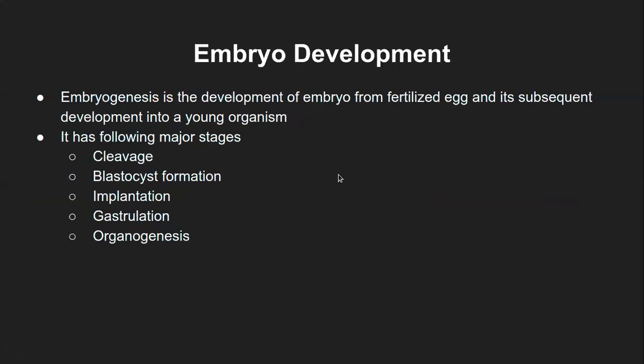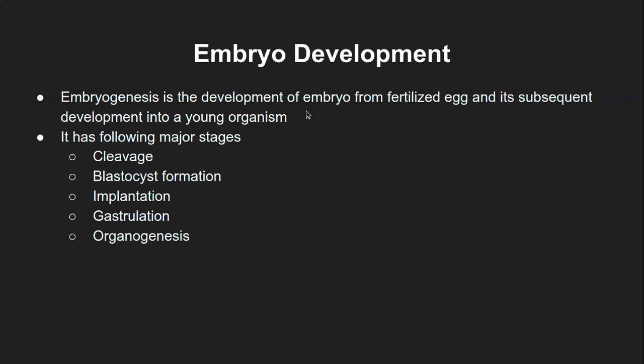Now the most important stage is the embryo development. Embryo development is divided into 5 different stages. You might get overwhelmed thinking there are so many stages, but if you go by the logical flow of the process, it will be easier to remember.